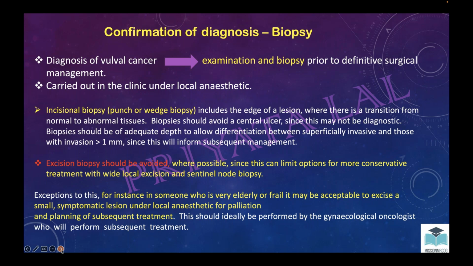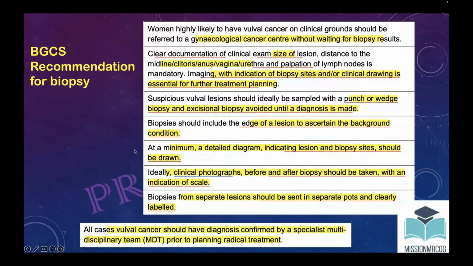Now this is the BGCS recommendation for biopsy. What they say is that there should be clear documentation of the clinical examination of the size of the lesion, distance from midline, clitoris, anus, vagina, urethra, and there should be imaging with the indication of biopsy site, and a clinical drawing.